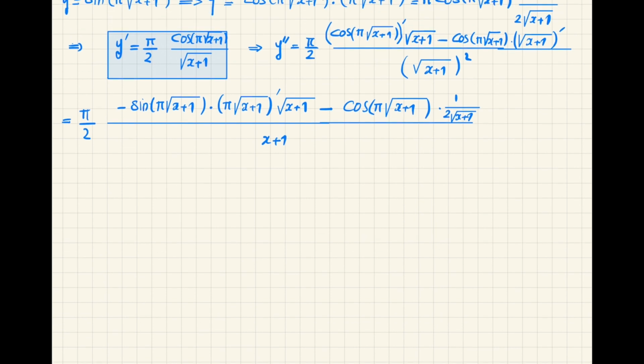let me write it here. So you see here, let me change my color so you don't get confused. So this part is again 1 over 2 square root of x plus 1. And then of course I have a pi here, so let me write pi there.